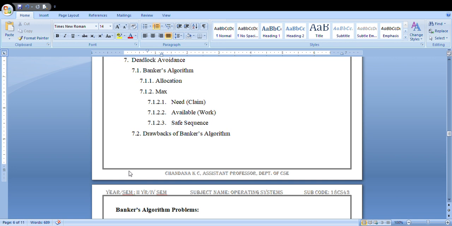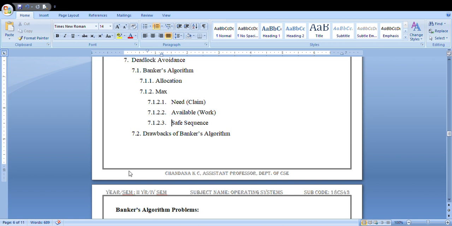As I said, there are the safe state and the unsafe state. Once you calculate that the processes are in a safe state, they enter your safe sequence. After calculating the safe state, you have to write the safe sequence for the same snapshot or the same given problem. That is about your safe sequence.